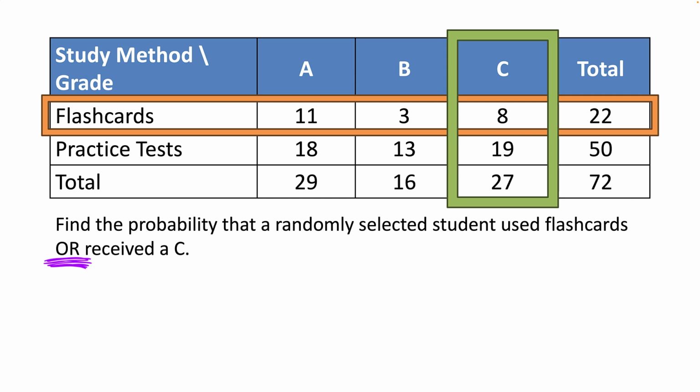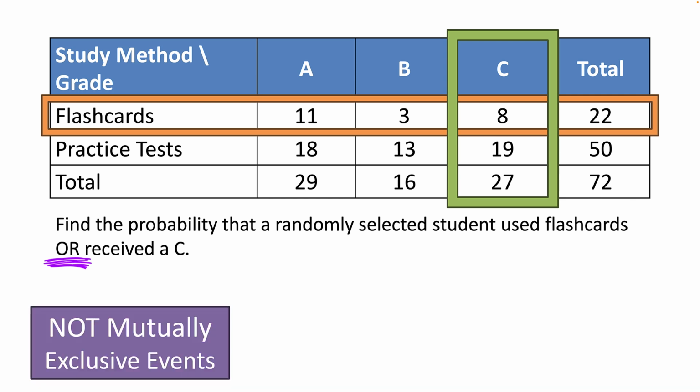We can see that this row and this column do in fact intersect. That's because these events are not mutually exclusive. A student can use flashcards and receive a C average test grade. If the events overlap, then they are not mutually exclusive because they can occur at the same time.